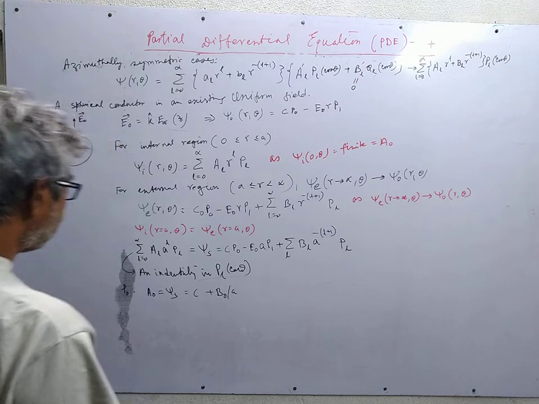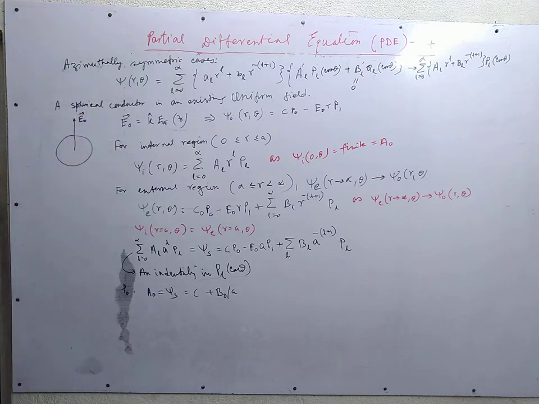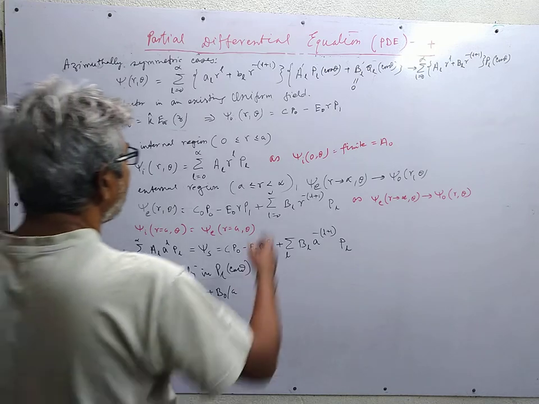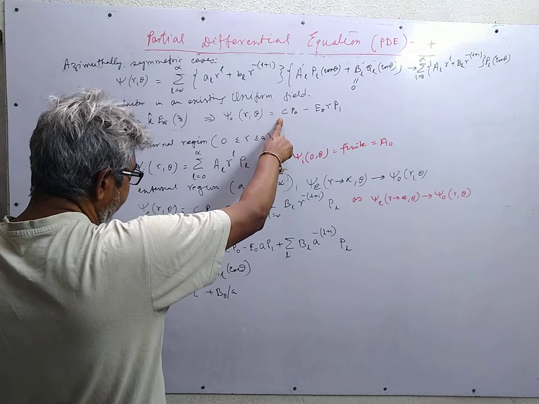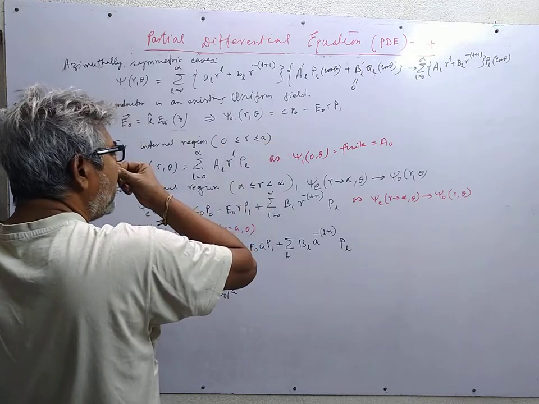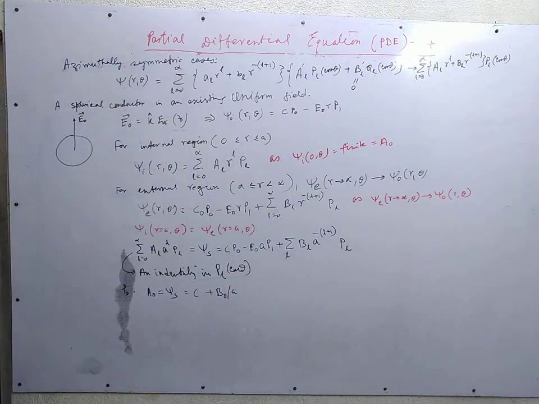The situation becomes very simple if we choose C equal to 0, because C is the constant part in the potential. Or so to say, the experiment is not susceptible to the potential. If we change the potential by a constant value, the force that a charged particle experiences remains the same.